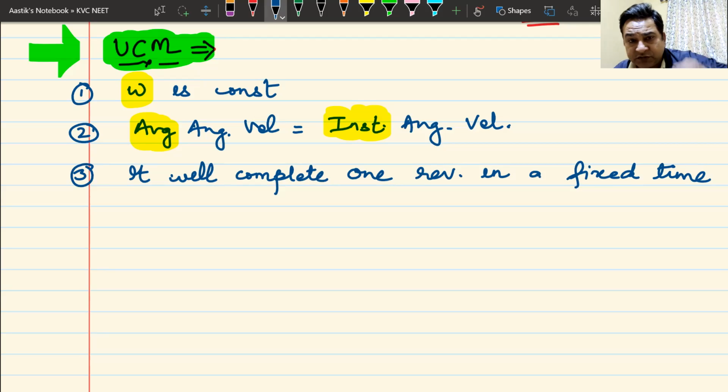This is 7th, 8th, 9th, 10th standard physics. It will complete one revolution in a fixed time. Think about phenomena that you see where one revolution always takes a fixed time to complete. Anyone? No one?